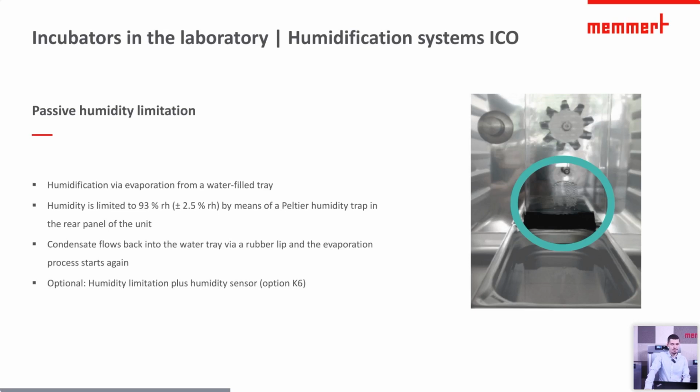The humidity is limited to 93% RH with plus or minus 2.5% RH by keeping the temperature just below the condensation point via the Peltier humidity control on the back of the device. The condensate flows through the rubber flap back into the water tray, and the evaporation process begins again. There's also an option for a humidity sensor to have the measurement on the display.